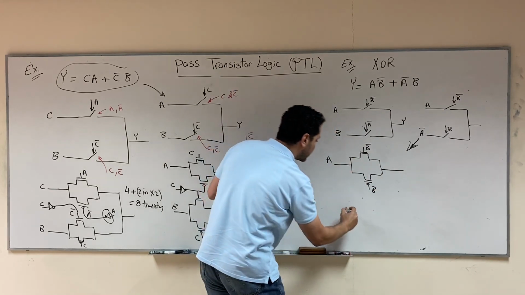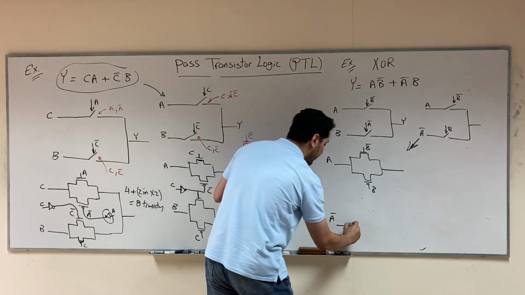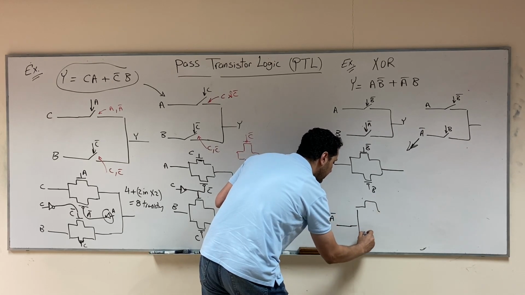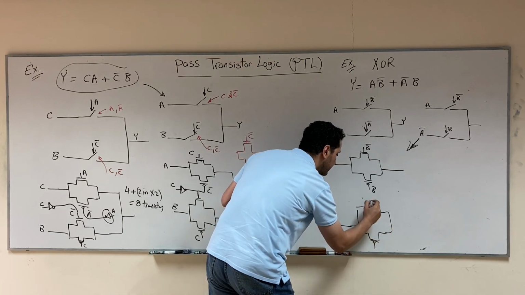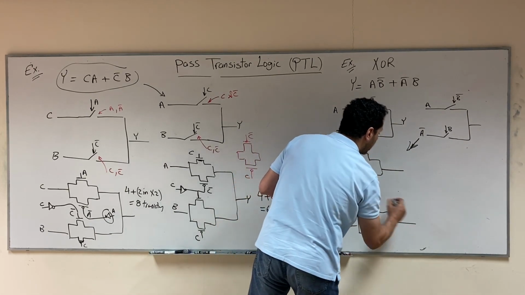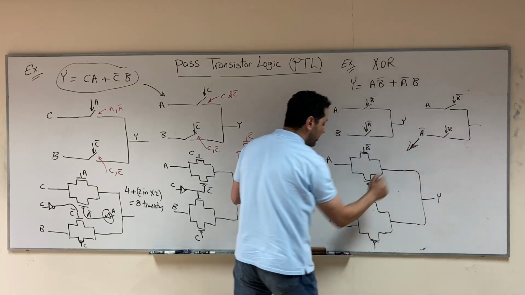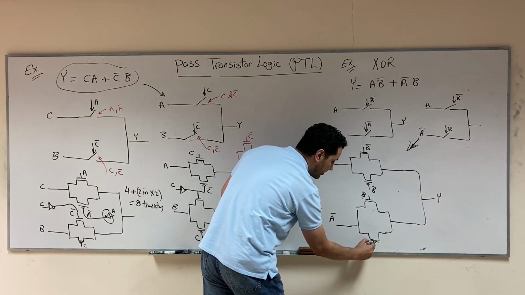Then the other branch is A bar, and then we have a switch, we replace it with n-mos and p-mos. And then the output. This switch is controlled by B, so the n-mos will take B and the p-mos will take B bar.